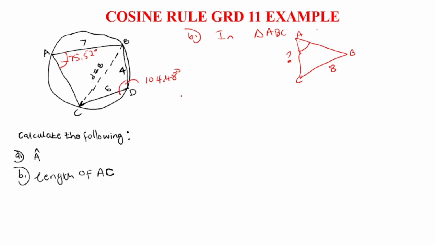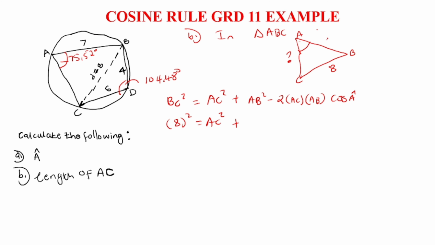So in this case, we are given BC, which is the small letter a, is equal to AC, which is the one we're looking for, plus AB squared minus 2 times AC times AB times cos angle A. Great stuff. BC, we know what it is. It's 8 squared, equals AC, we're looking for AC, plus AB.